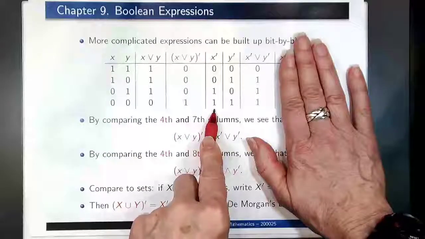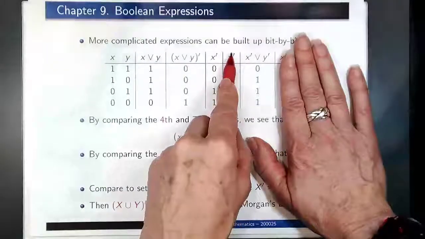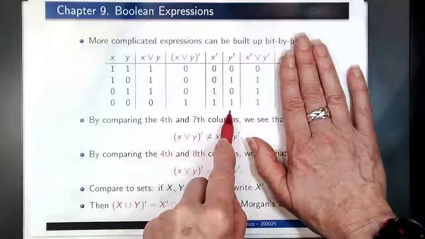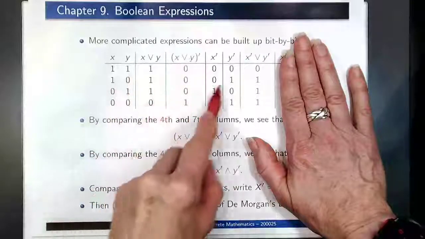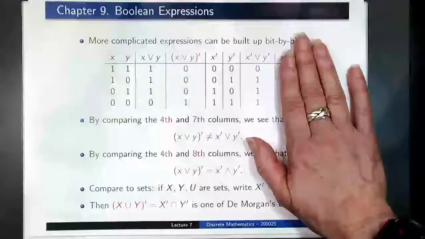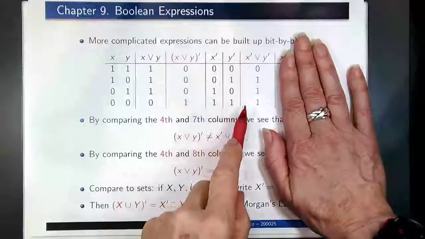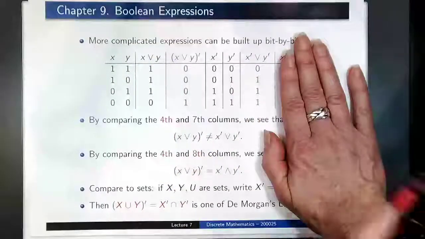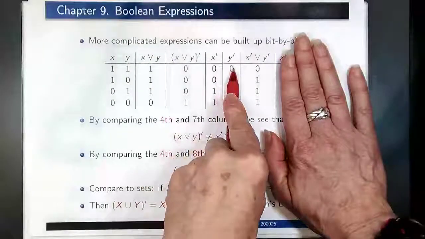You won't make a mistake doing that. And neither will you make a mistake calculating y dash. If y is 1, 0, 1, 0, y dash is 0, 1, 0, 1. You change every 0 to a 1, every 1 to a 0. You change every bit. Then x dash or y dash is that or that.